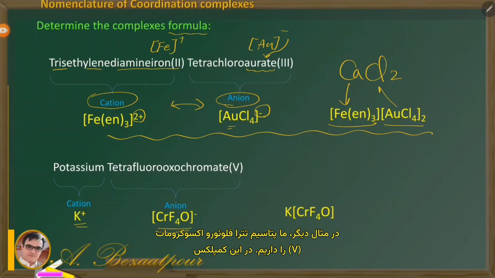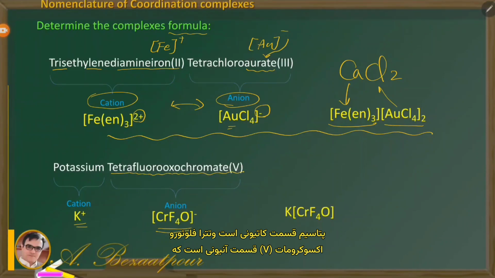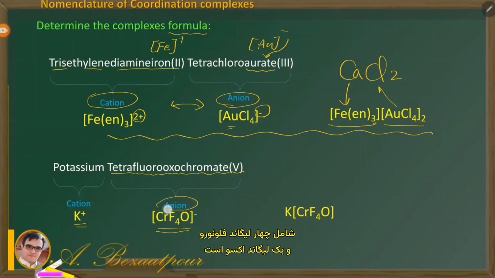In this complex, potassium is the cation part and tetrafluorooxochromate(V) is the anion part that has 4 fluoro and an oxo ligand. Considering the 5 plus oxidation state of chromium, the overall charge of the anion part is obtained 1 negative charge. Therefore, to observe the neutrality of the whole compound, we can act like potassium chloride.